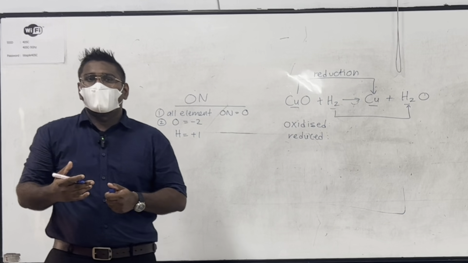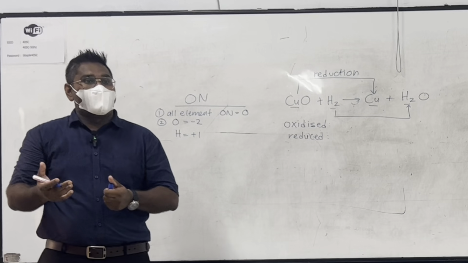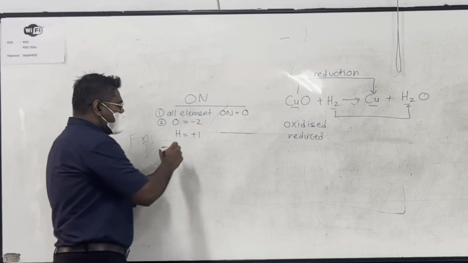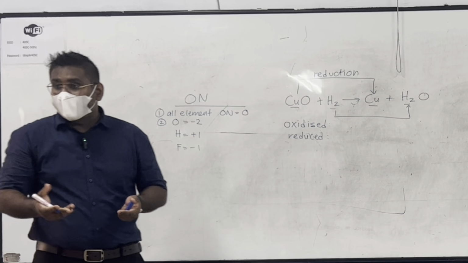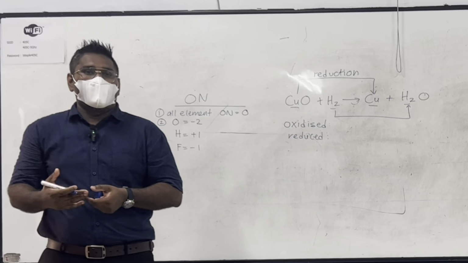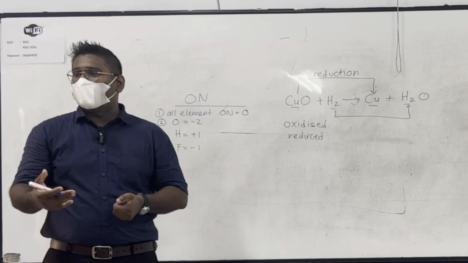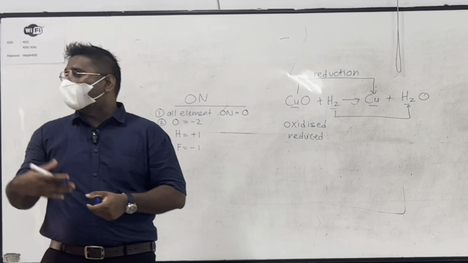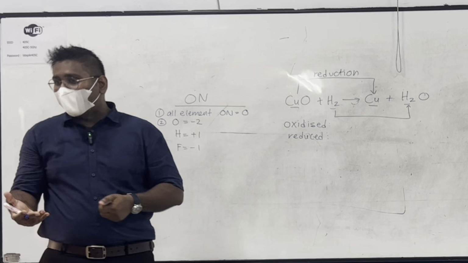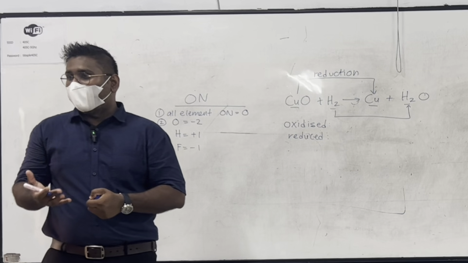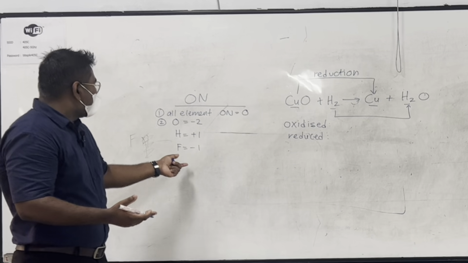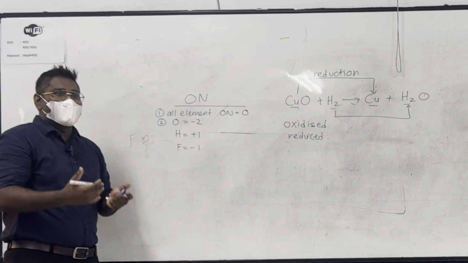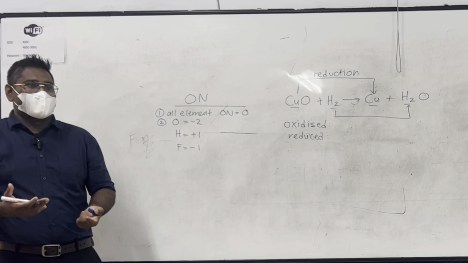And when in compound, it is mentioned in your textbook also, fluorine is always going to be -1. But I just told you also, whenever in compound, generally like Cl and so on, most likely they are going to be also -1, because group 17, so they are going to have -1. So these are general, but there are certain exceptions.